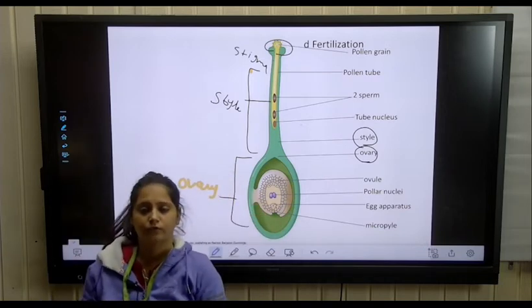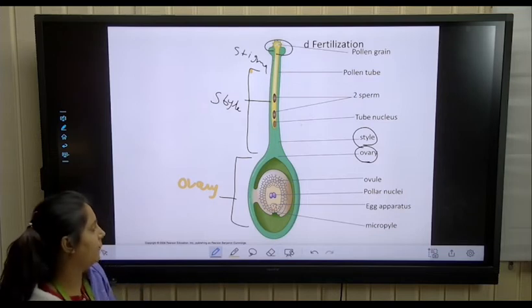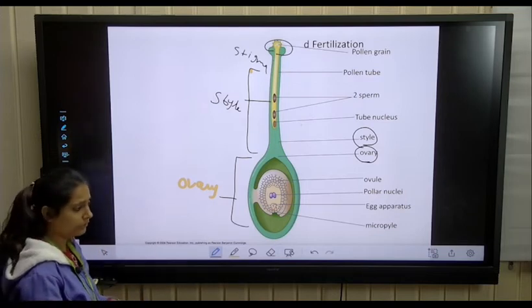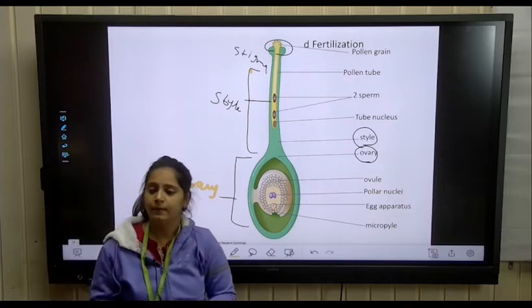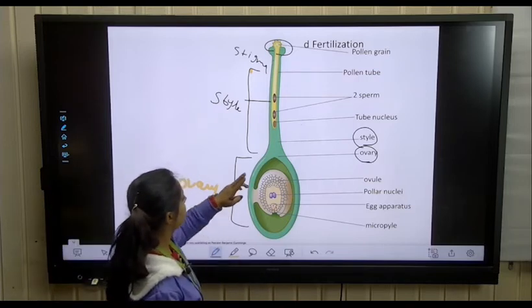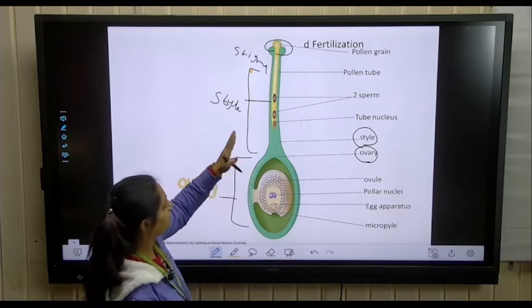So we have to fuse that male gamete, that is the pollen nucleus, with the female, that is egg nucleus. So from there the process of fertilization starts.